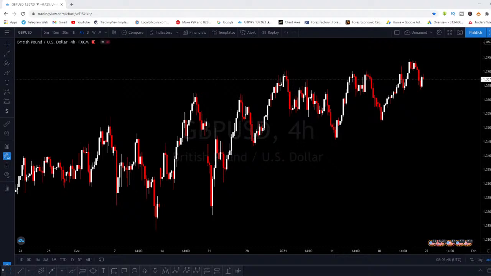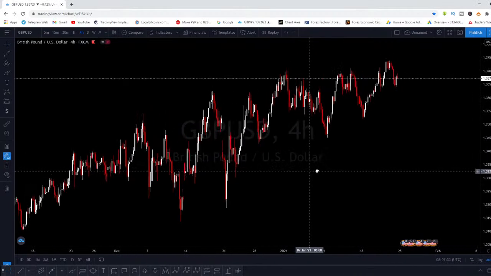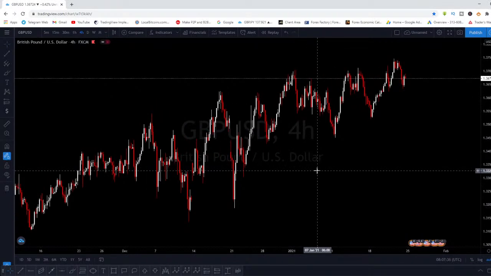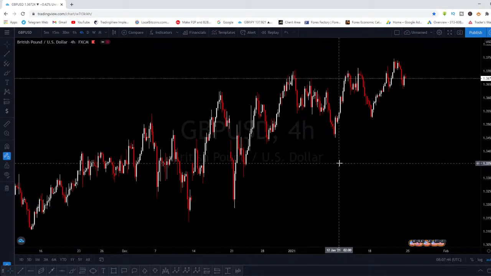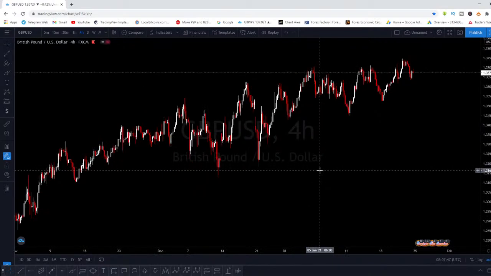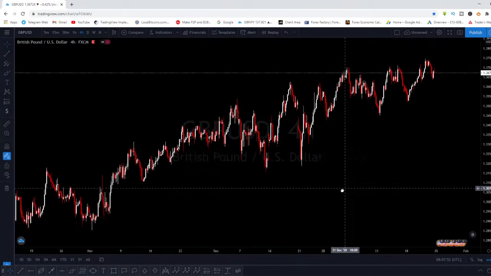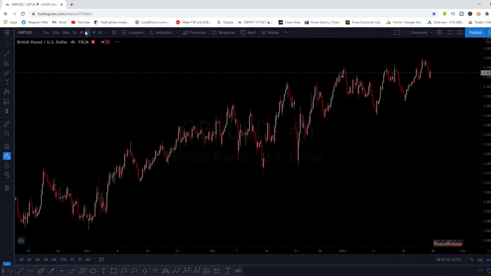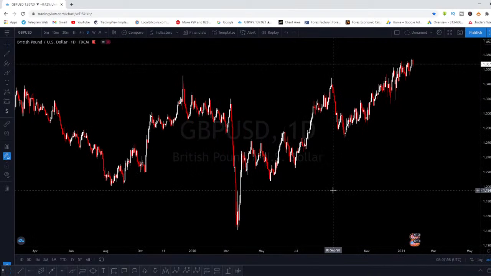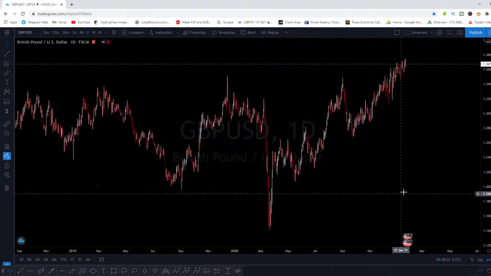As we wait for those of you who are still about to join us, we start the analysis with GBP USD. This is GBP USD on our time frame right now. GBP USD has been doing wonders throughout these days. It has been moving to the upside in a long-term move, and right now it's still trying to push to the upside.